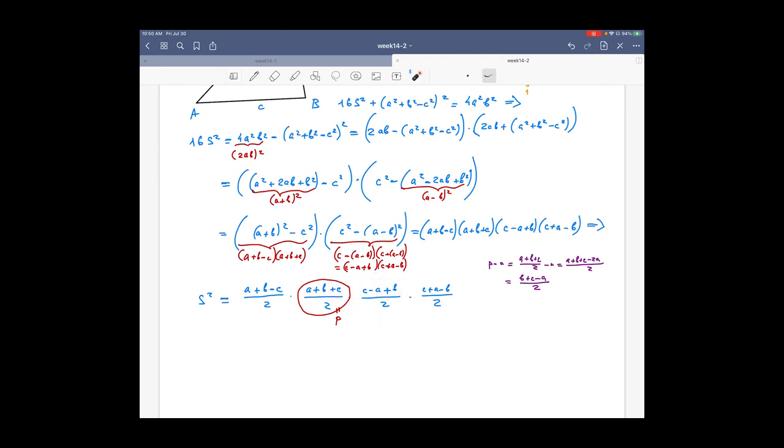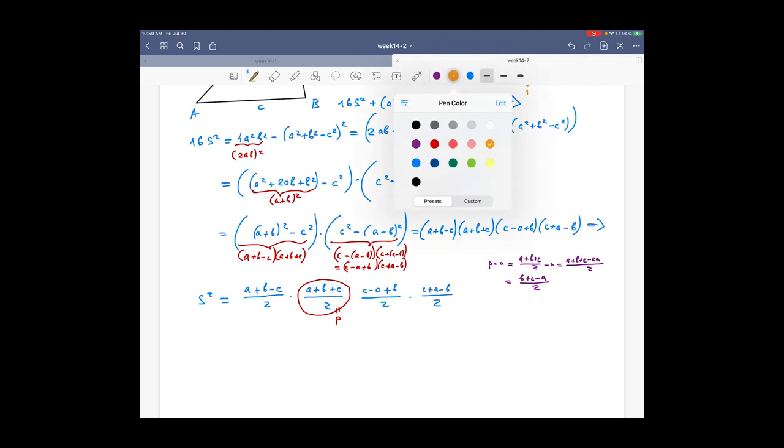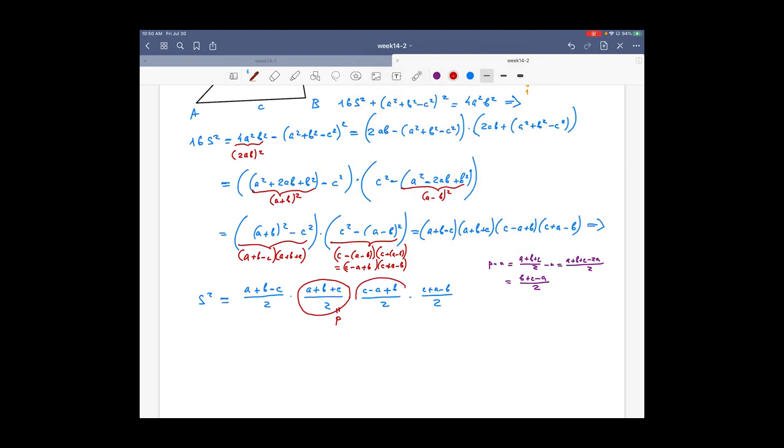This term is p minus a. And it's easy to check that, for instance, p minus b likewise is a plus b plus c over 2 minus b, which is a plus b plus c minus 2b over 2, which is a minus b plus c over 2.